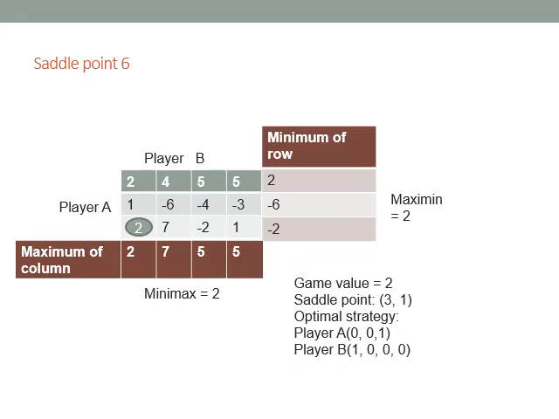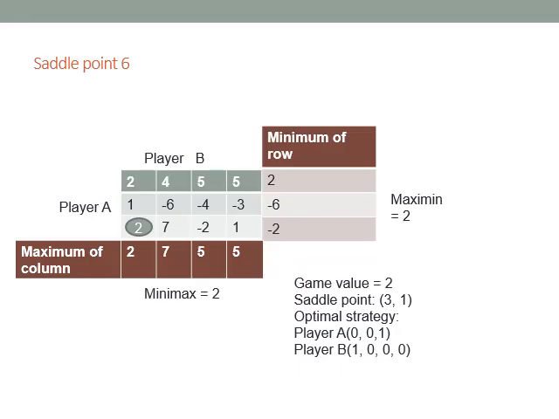Looking at the columns, the maximum of column 2 is more than 1. 7 is more than negative 6, more than 4. 5 is more than negative 2, more than negative 4. And 5 is also more than negative 3, more than 1.